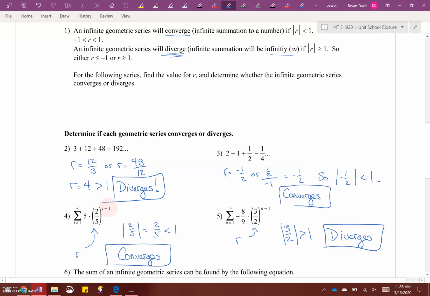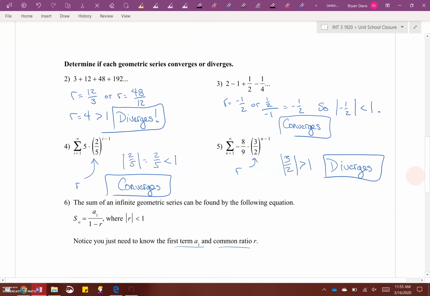Later I'll find it. And then another summation. Notice my value for r is 3 over 2. I know that the absolute value of 3 over 2 is 3 over 2. I know that that's greater than 1. This summation will diverge. The summation is going to be infinity, or in the case of this -8 over 9 in front, it's going to be negative infinity.